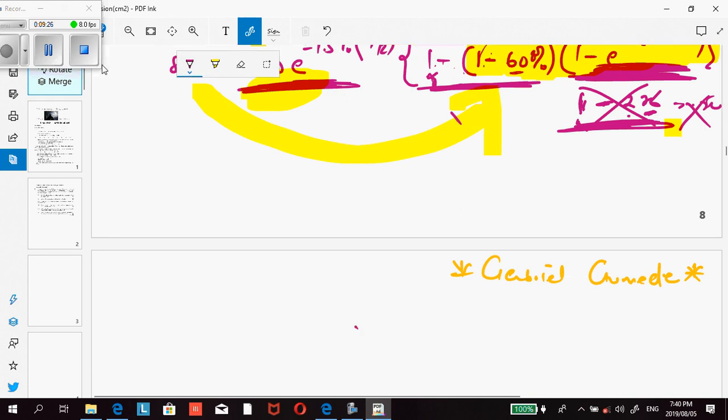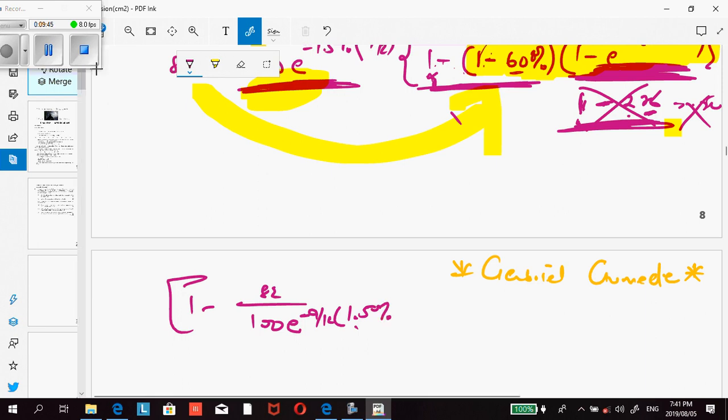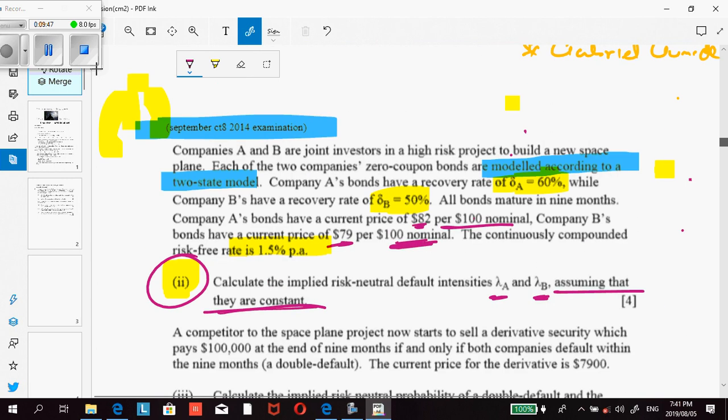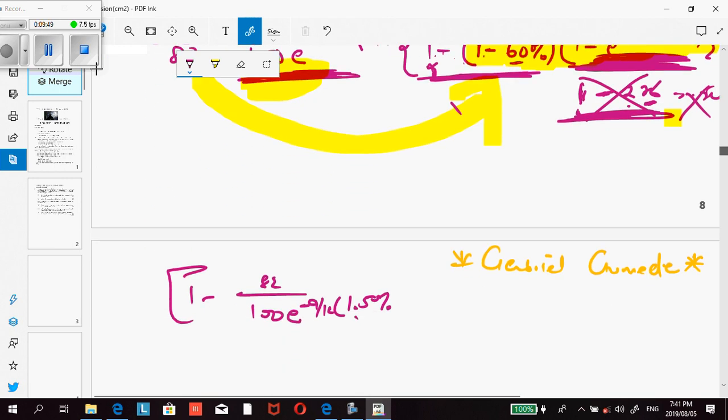Now, if you do that, you are actually going to have 1 minus 82 over 100 multiplied by e to the power minus 9/12 times 1.5%. Let me quickly check, is your risk-free rate 1.5%? Yes, it is 1.5%.